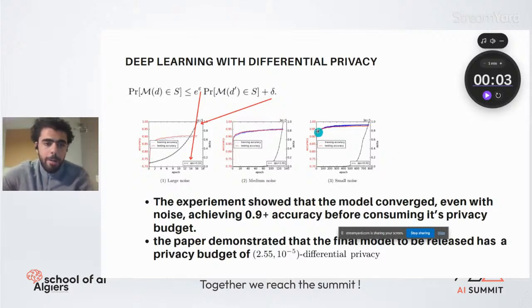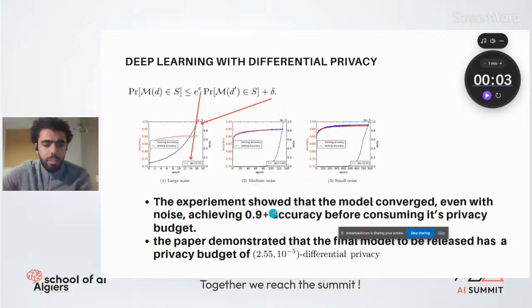In the experiments in the paper, they trained a deep learning model on the MNIST dataset with different levels of noise, and they observed the accuracy during training, and also the evolution of how they consumed the privacy budget during the training.